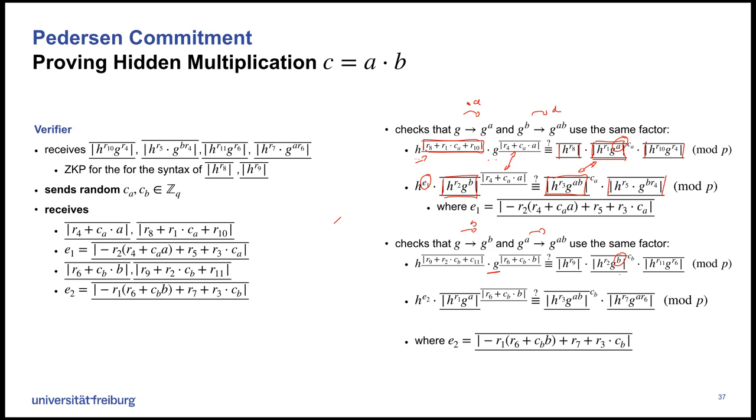And now you know that since we have this g to the b here, and we have the same factor here, that we also have this in the form g to the ab, and some kind of hiding exponent we don't care about. So the hiding exponents are completely unimportant. They're just random numbers that you have to adjust with random numbers in order to make these equations meet. So that's a technical thing about hiding things.